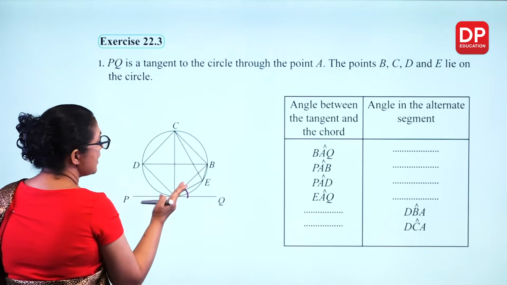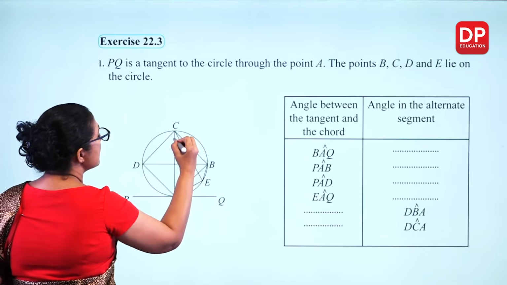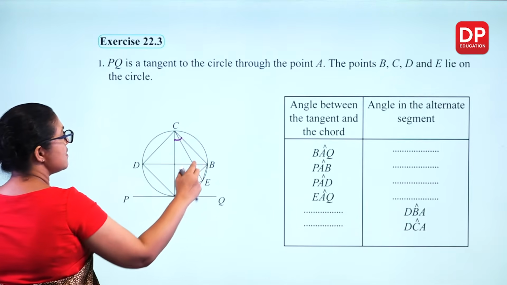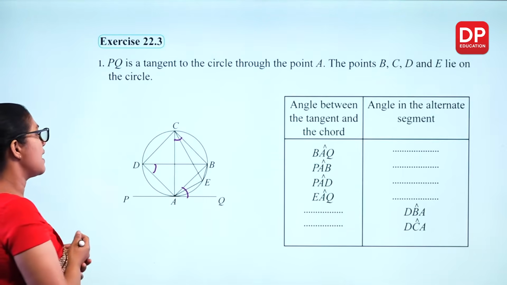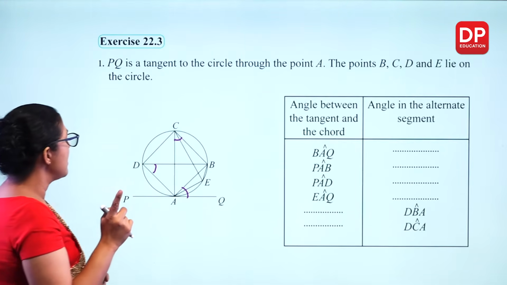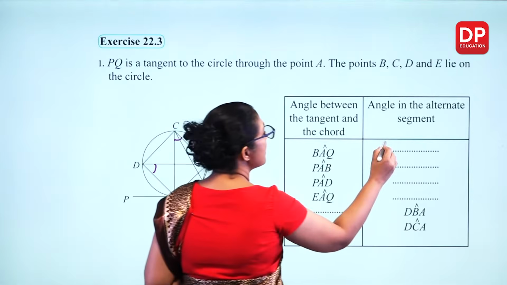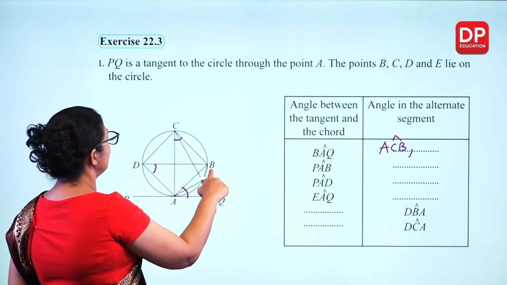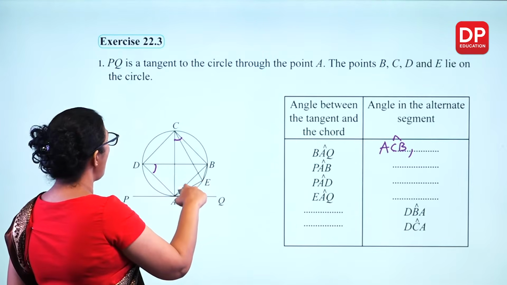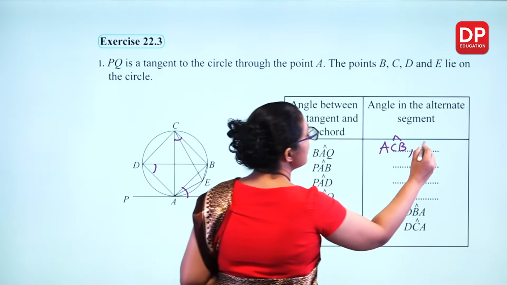To this angle, this is the alternate segment angle, and also we can take this angle. So we can write two angles, ACB angle or ADB angle.